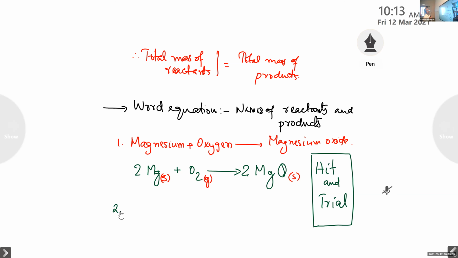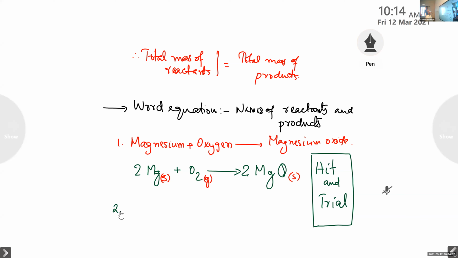Then dilute sulfuric acid, that is in the liquid state. Then we get a zinc sulfate solution. If it is a solution, we write aqueous solution, plus hydrogen gas. First, let us write the word equation.